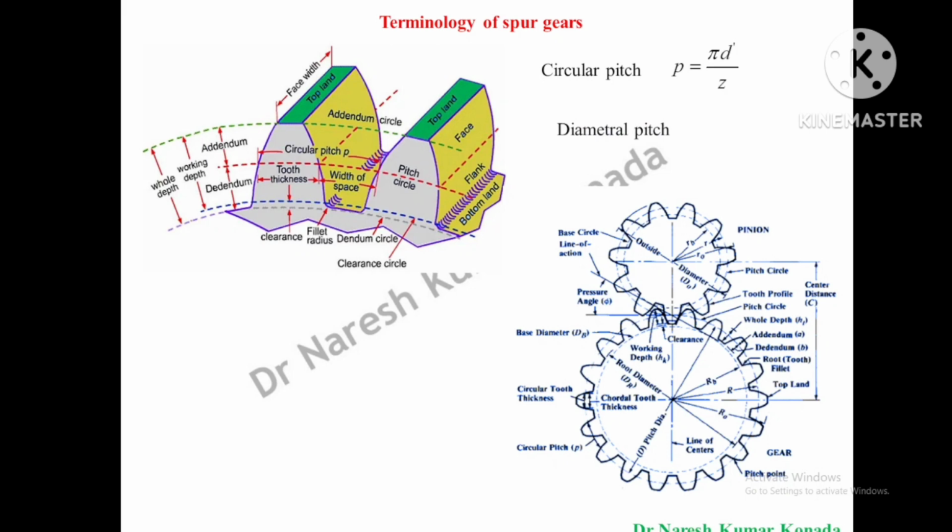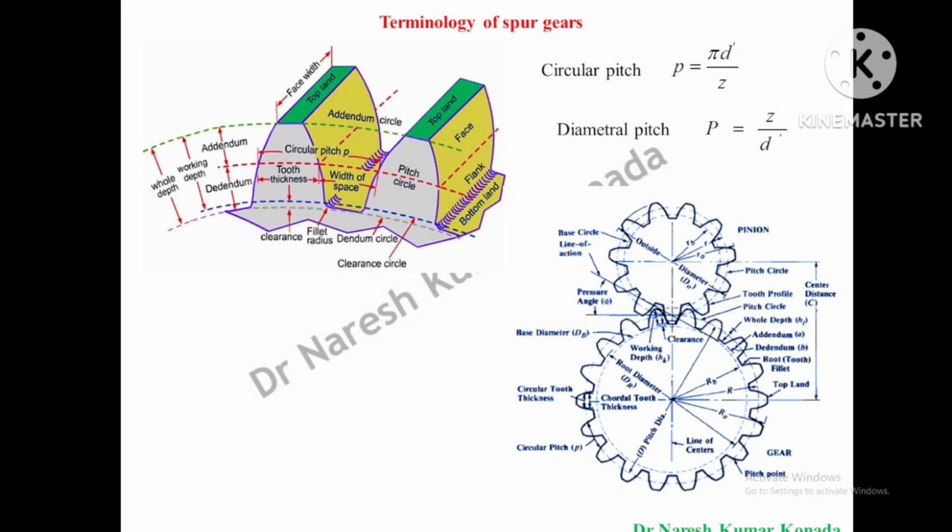One is the circular pitch. The formula for the circular pitch is pi d by z, where d indicates the pitch circle diameter. The formula for the diametral pitch, indicated with capital P, is z by d, teeth divided by pitch circle diameter. These are the important formulas.